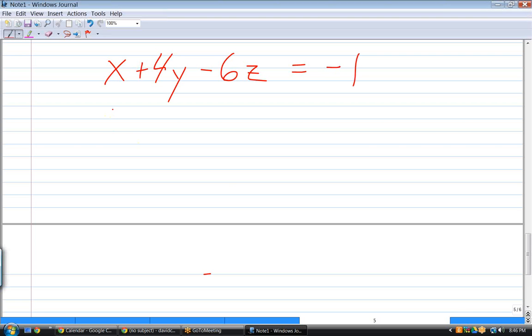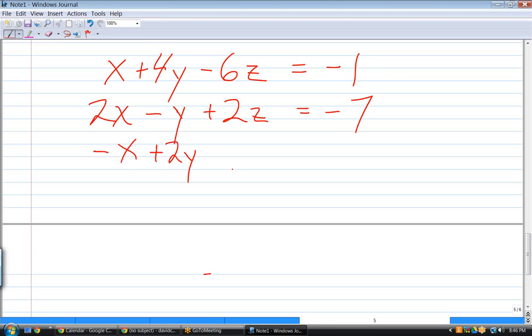Then the next equation is 2x minus y plus 2z equals -7. And then negative x plus 2y minus 4z equals 5.